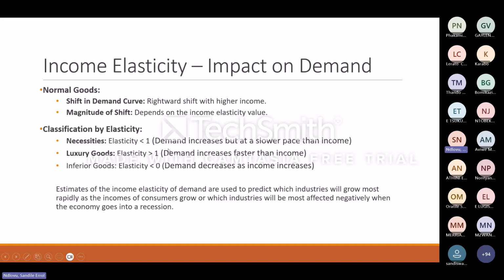And for luxury goods, demand increases faster than income, because individuals generally love luxury. And for necessities, demand increases, but at a slower pace than income, because there's only so much of necessities that you can have. You don't need necessities in excess.